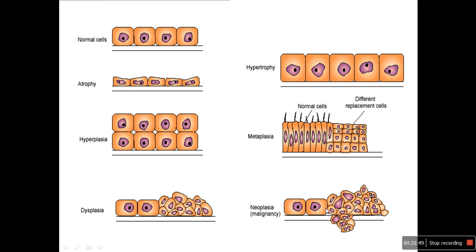Like here, atypical cells in dysplasia, we have cuboidal epithelium and here a squamous epithelium. Here increase in number of normal cells, but here increase in a number of frankly abnormal cells, abnormal cells like this and this and this.